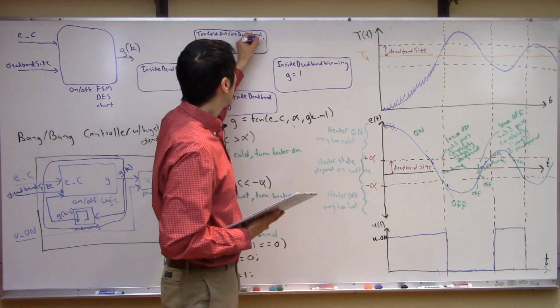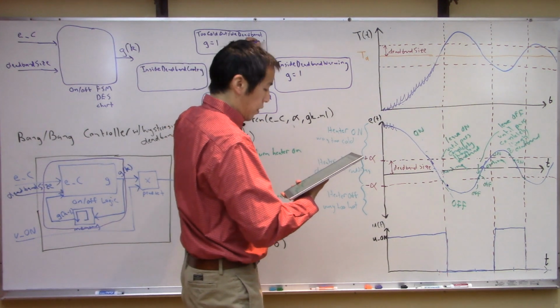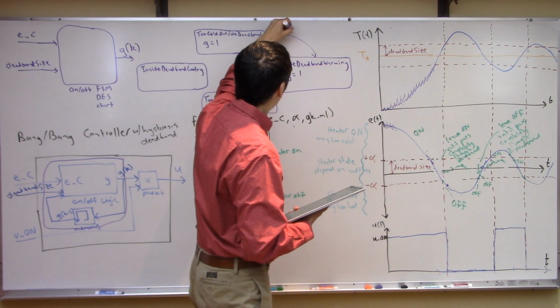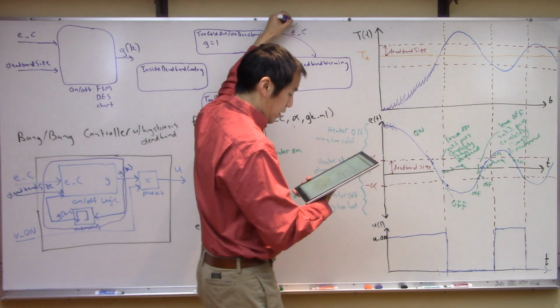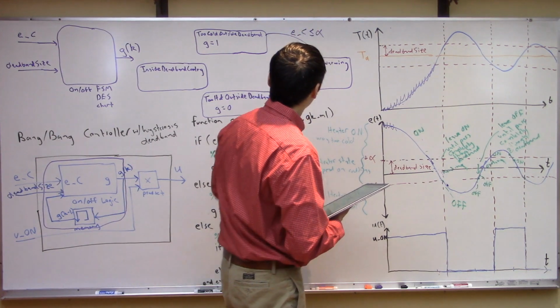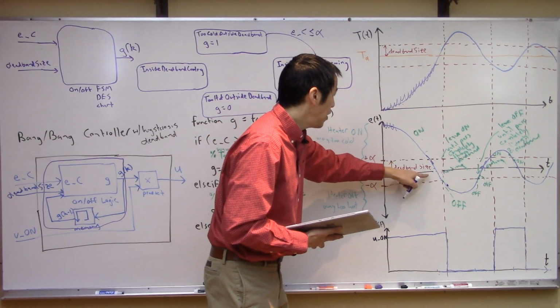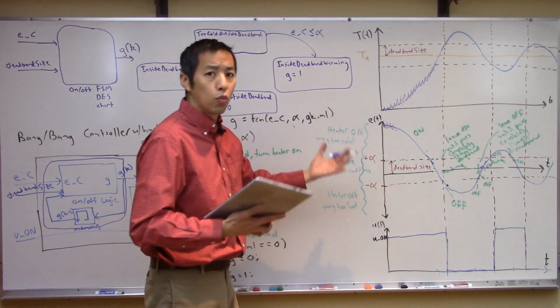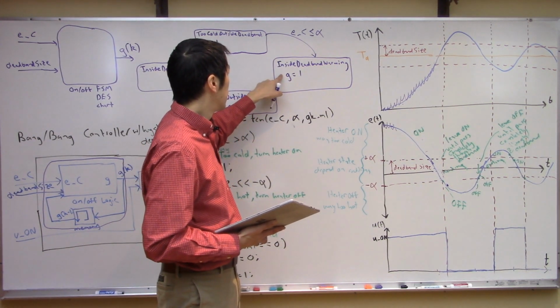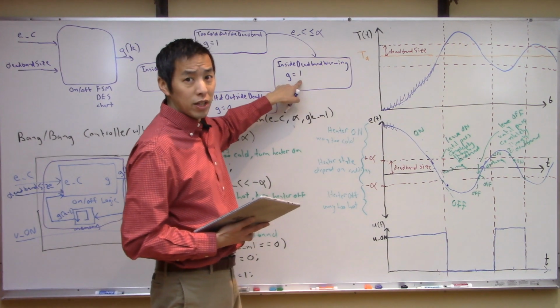So what we can do is draw an event, such that if your error is less than or equal to alpha, you now enter into the deadband, and now you're in the warming state. So that's this state right down here. And again, we said we're going to leave the heater on.